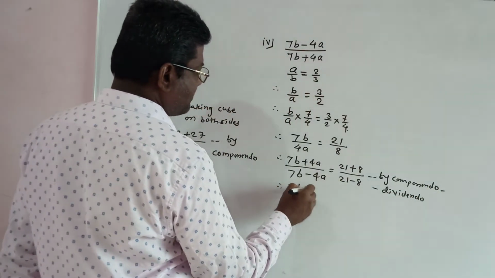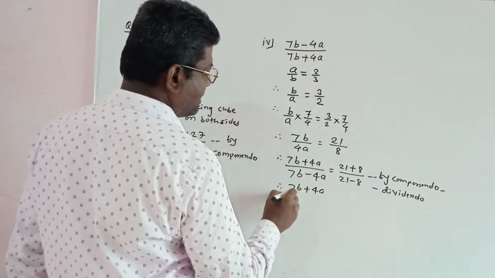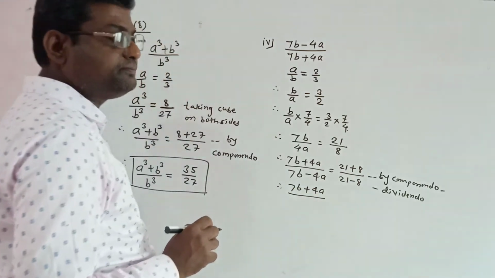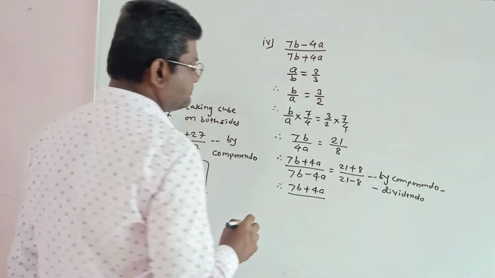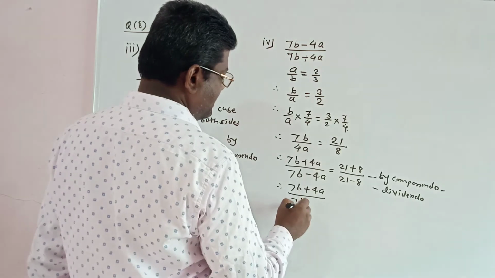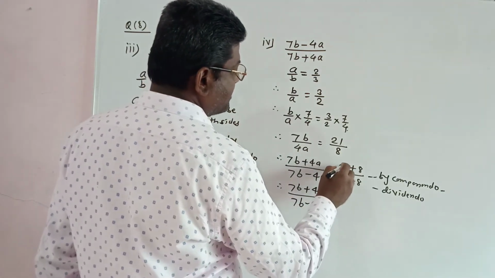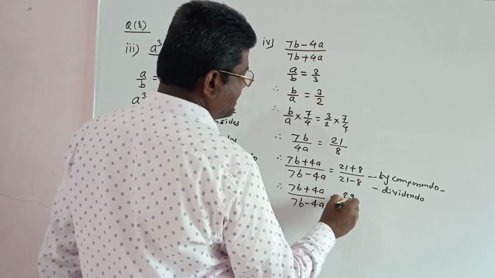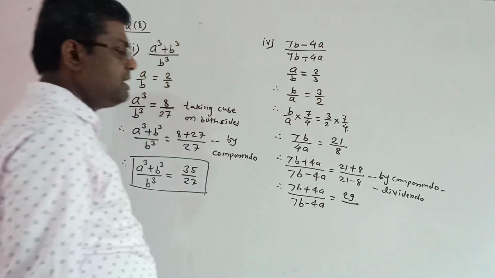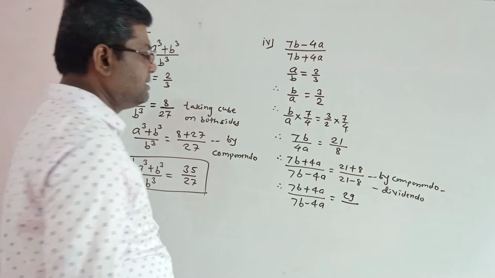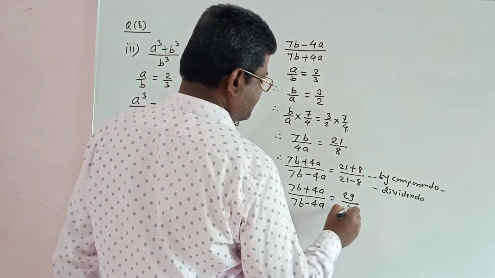Therefore, 7B plus 4A upon 7B minus 4A is equal to 21 plus 8 is 29 upon 21 minus 8 is 13.